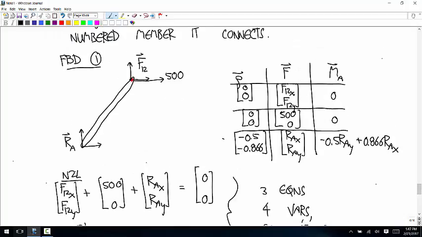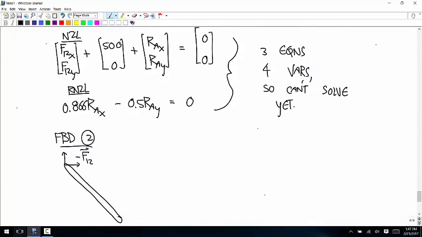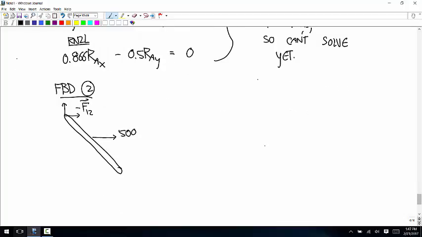What about that 500 Newton force? That's not there. That's applied to member 1. Then midway down the member, there's a different 500 Newton force. And then there's the connection between the pin joint and the ground. Call that RC.